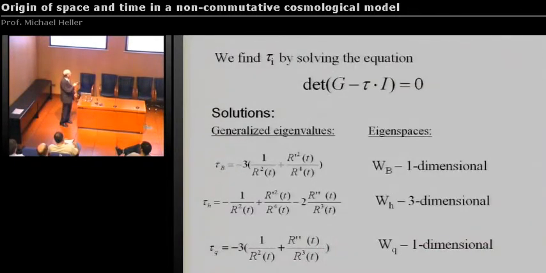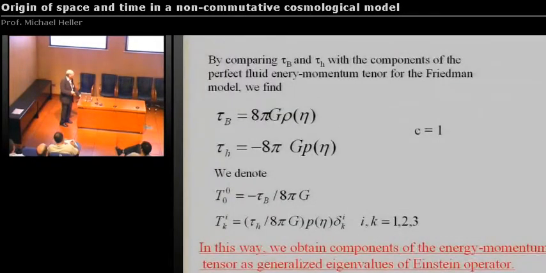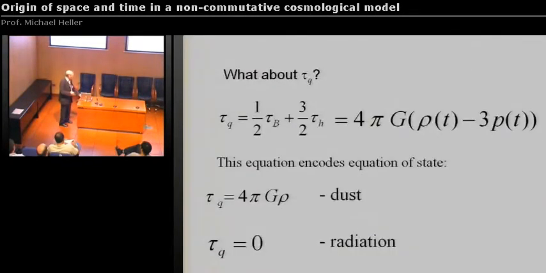And if we put TQ equal to that magnitude, we obtain the state equation for dust, and if TQ is 0, we have radiation.